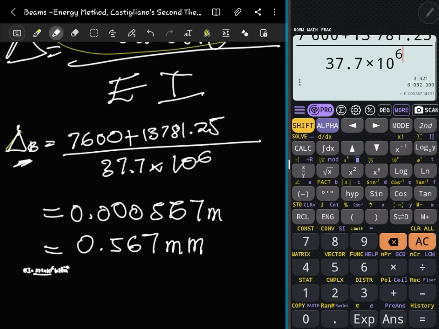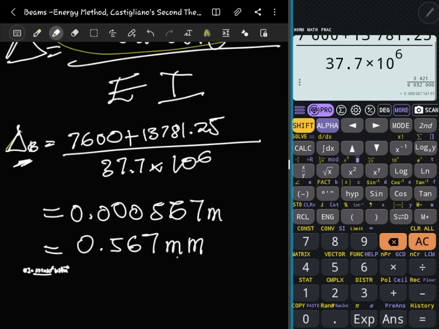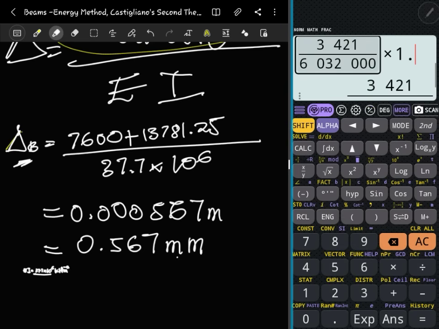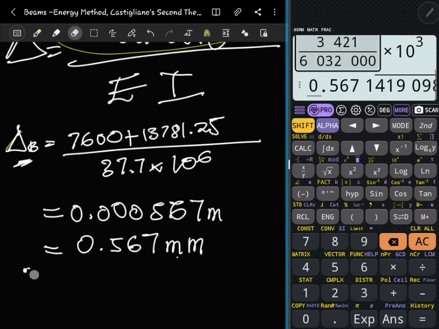We want 10 to the power minus 3, so we multiply by 10 power 3. So this is what we have in millimeters. Everything in millimeters. Yeah, so that's it. Alright.